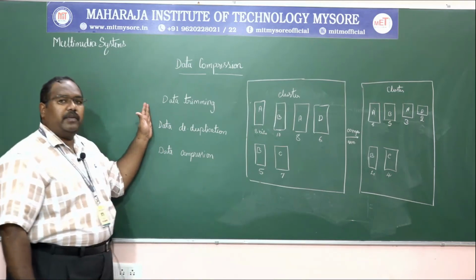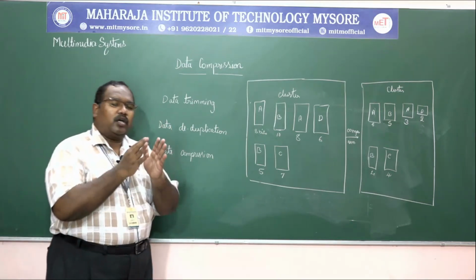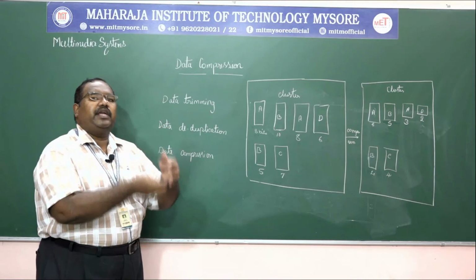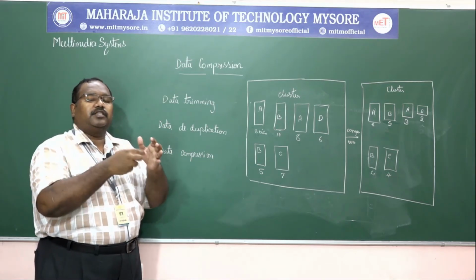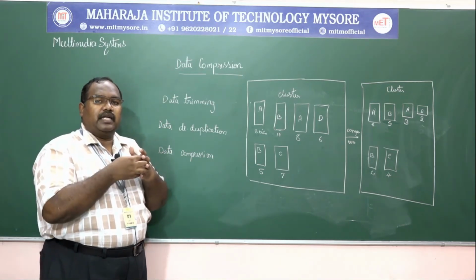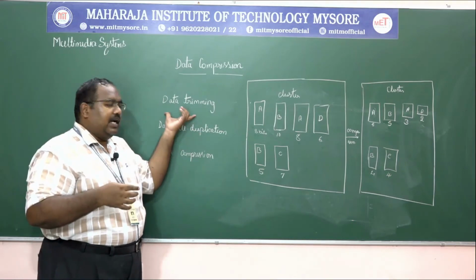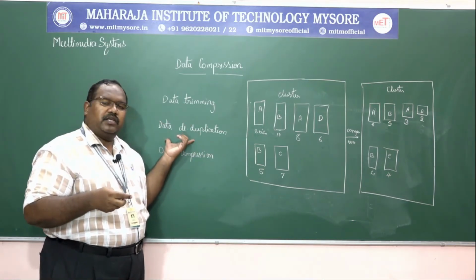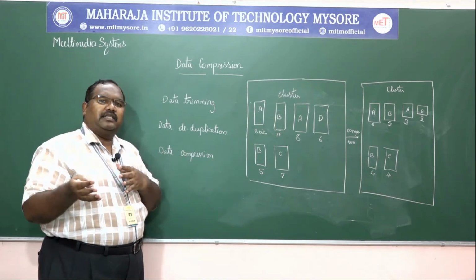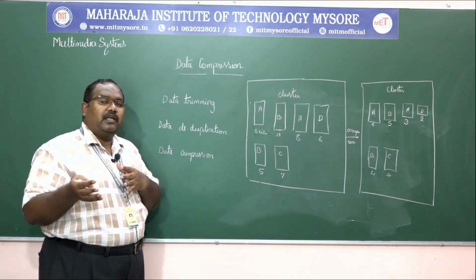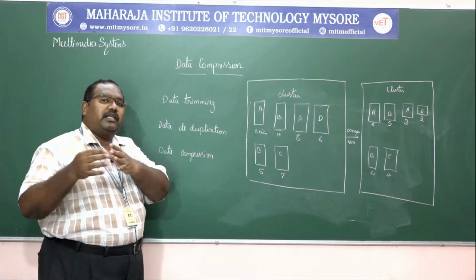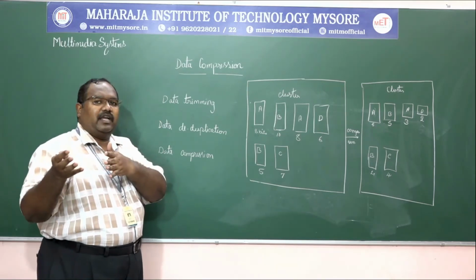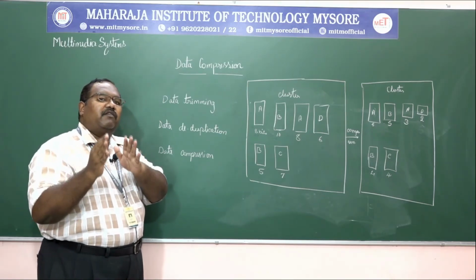The first one is data trimming, where we trim or chop the unwanted things and retain the wanted data for future execution. That kind of concept is called data trimming. Whereas in data deduplication, we remove the duplicated or repeated files and retain one copy of every file.